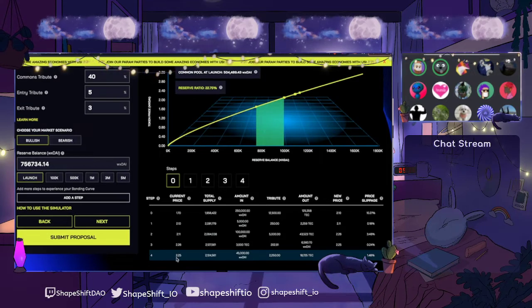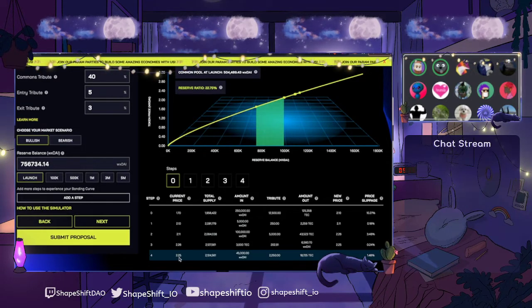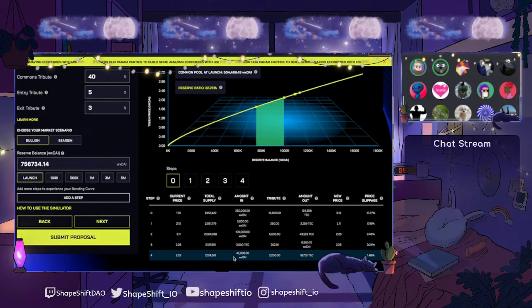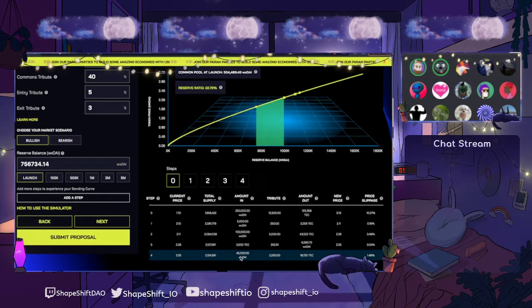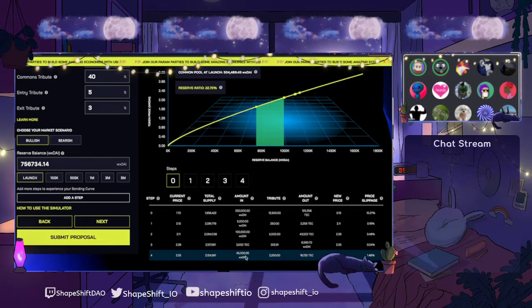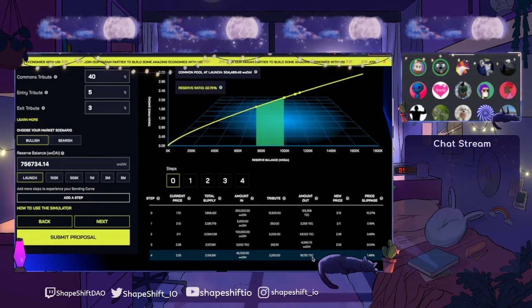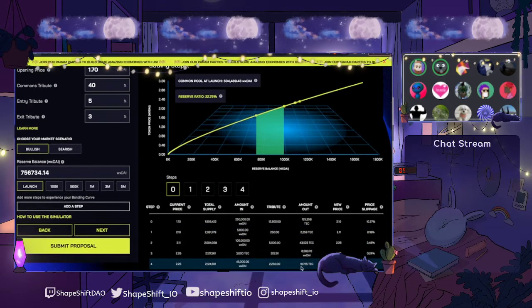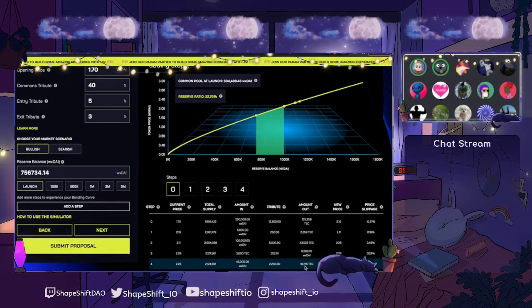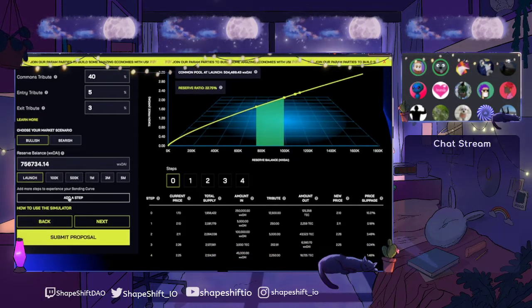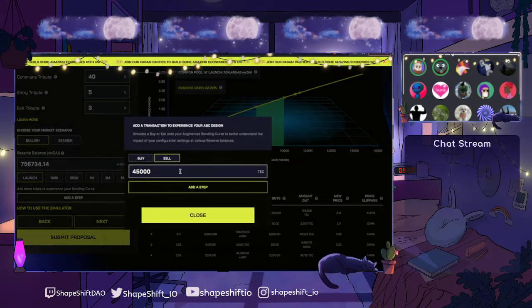With the price of 225, we are going to be putting in 45,000 DAI. The tribute that is going to go to the funding pool is 2,250, and the amount of TEC tokens that is going to be minted by the curve is 18,725. So you can add different steps here and see how the curve would react.